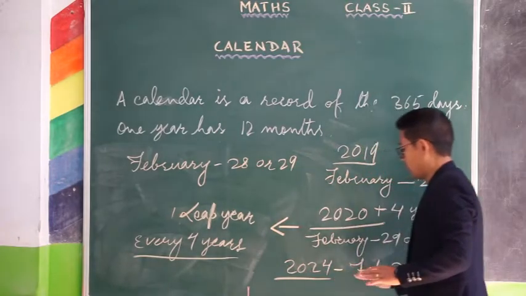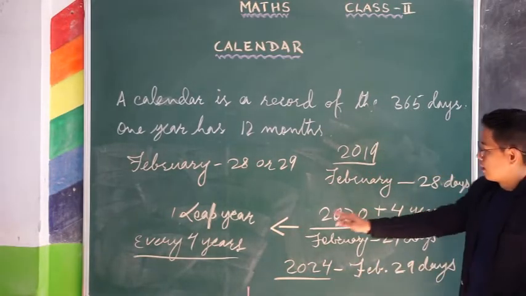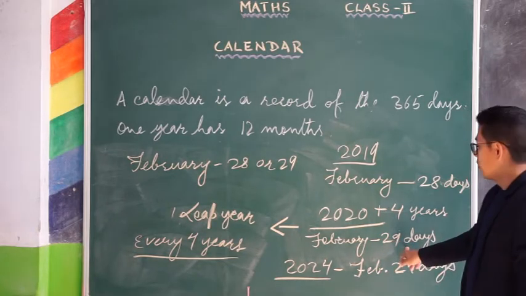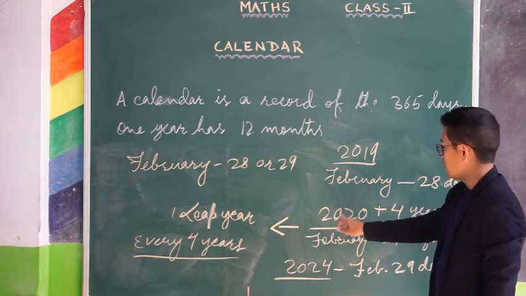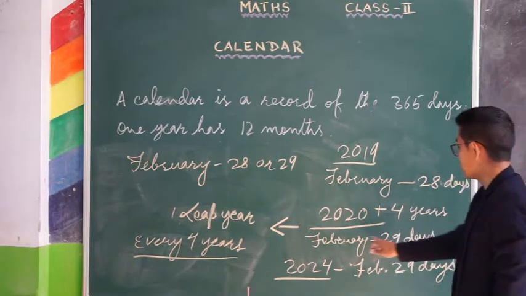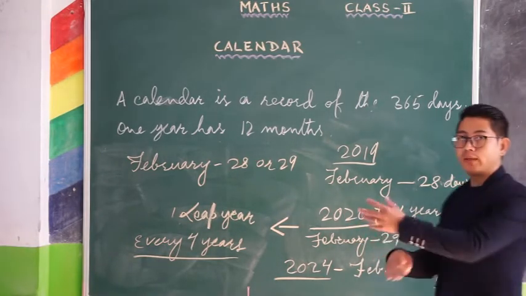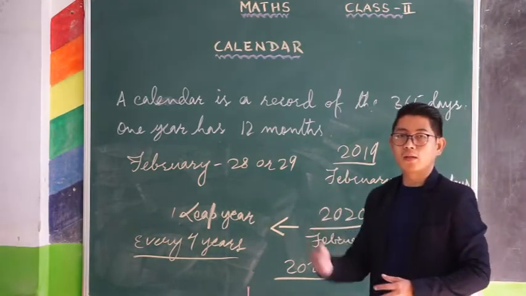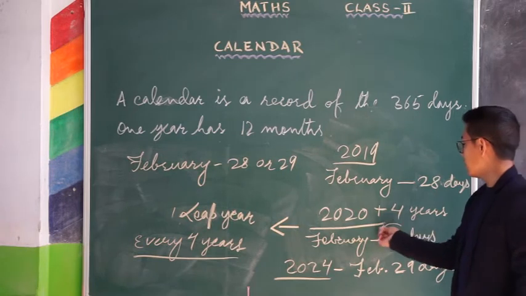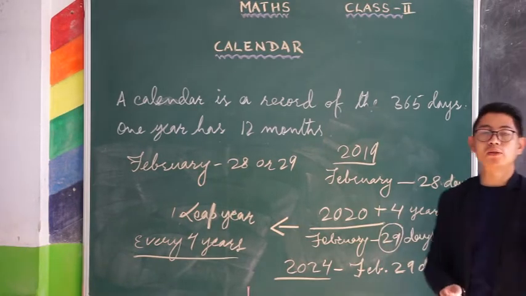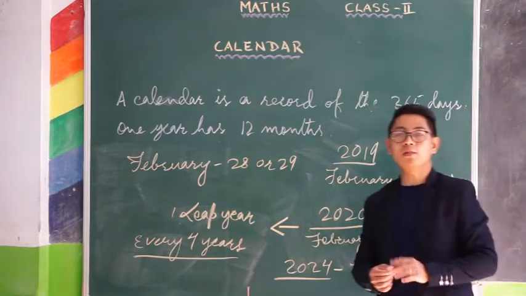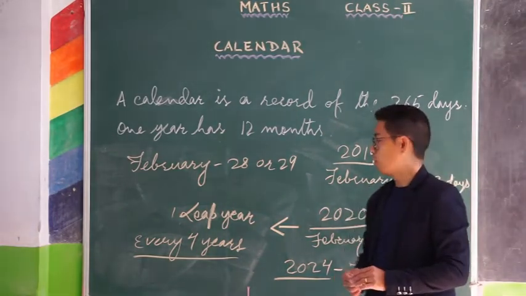So it is clear that February has 29 days in 2020. Now when you see the calendar of 2021, you won't get 29 days in the 2021 calendar. So in the 2021 calendar, you will have only 28 days.